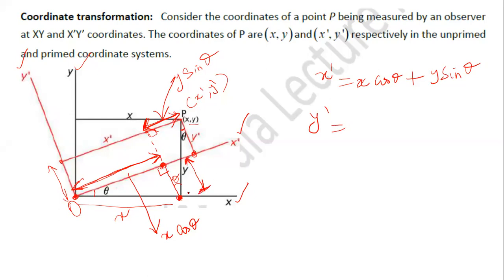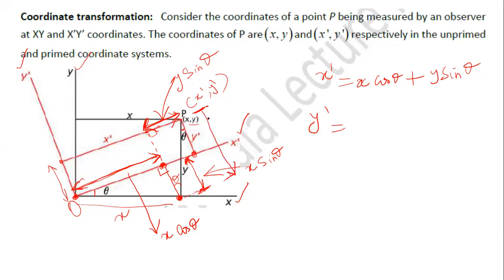In terms of theta and x, you will see that this is your x sine theta, isn't it? This is a right angle triangle, this is theta, and the hypotenuse is x here, so this will be x sine theta.